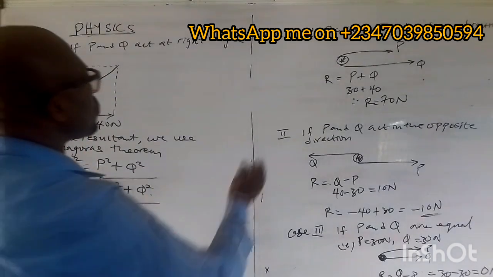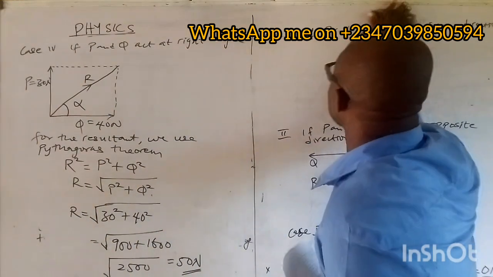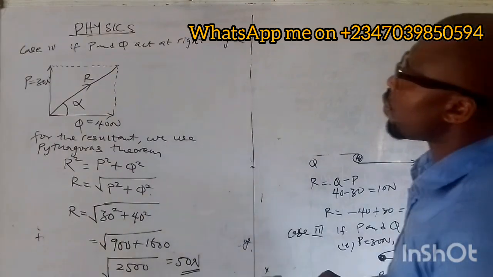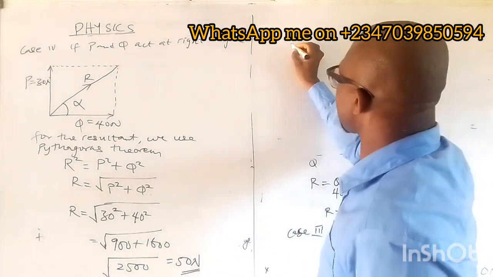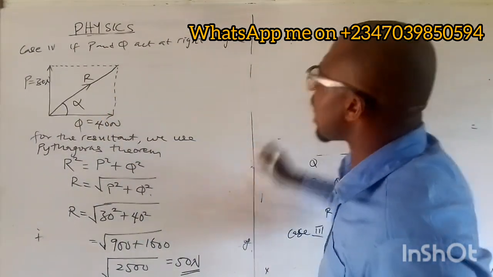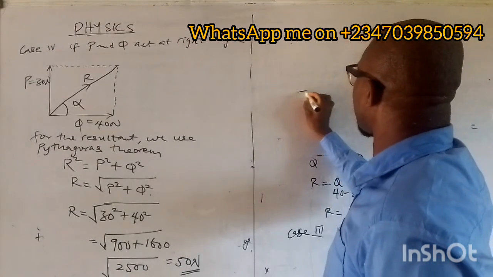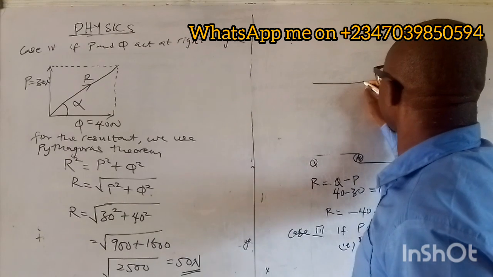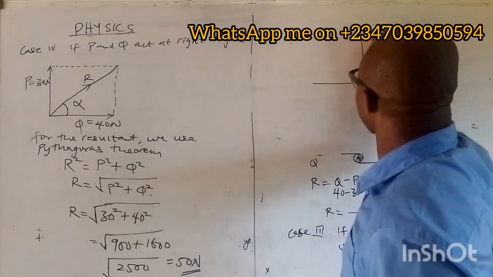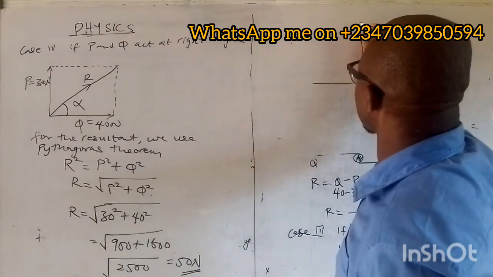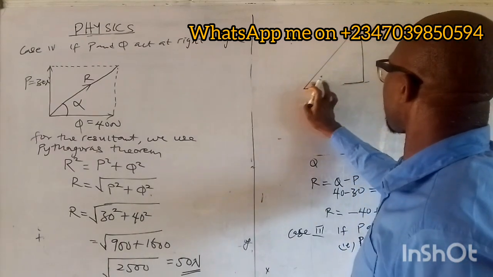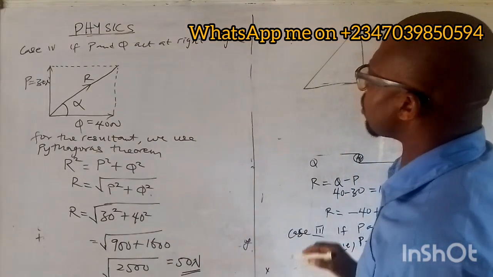Now, for the direction, we can bring this triangle outside. So if we bring this triangle outside, we'll have something like this. We'll now have this as our angle.